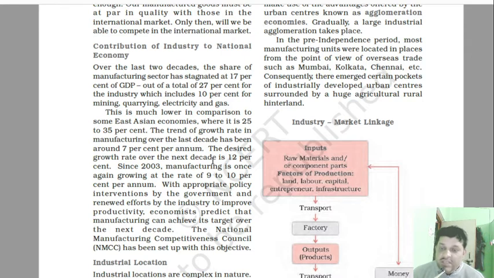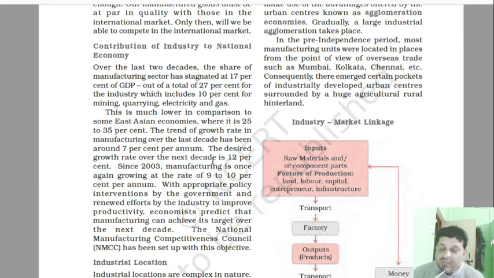So if East Asian countries have a 25 to 35% share in GDP, India still has only 17%. The growth rate of manufacturing over the last decade has been around 7% per annum. The desired growth rate over the next decade is 12%.